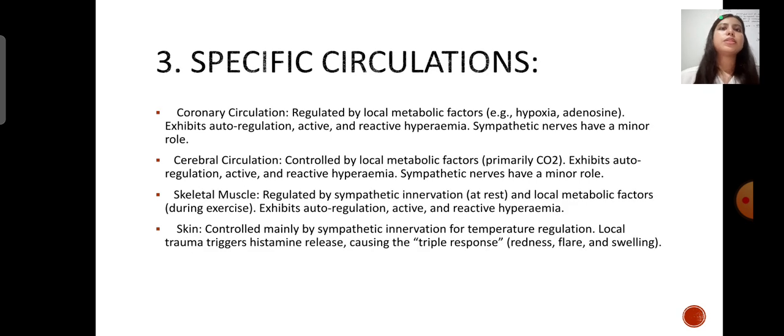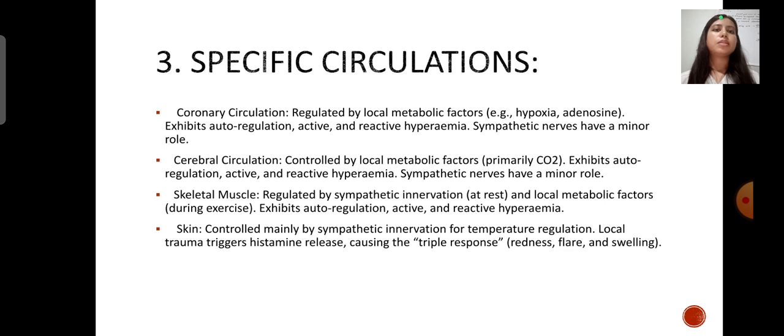Lastly, there are specific circulations, like coronary circulation, which is regulated by local metabolic factors, for example hypoxia and adenosine, and exhibits autoregulation, active and reactive hyperemia, with sympathetic nerves having a minor role. Then we have cerebral circulation, controlled by local metabolic factors, primarily carbon dioxide, which exhibits autoregulation as well as active and reactive hyperemia, and sympathetic nerves have a minor role in it.